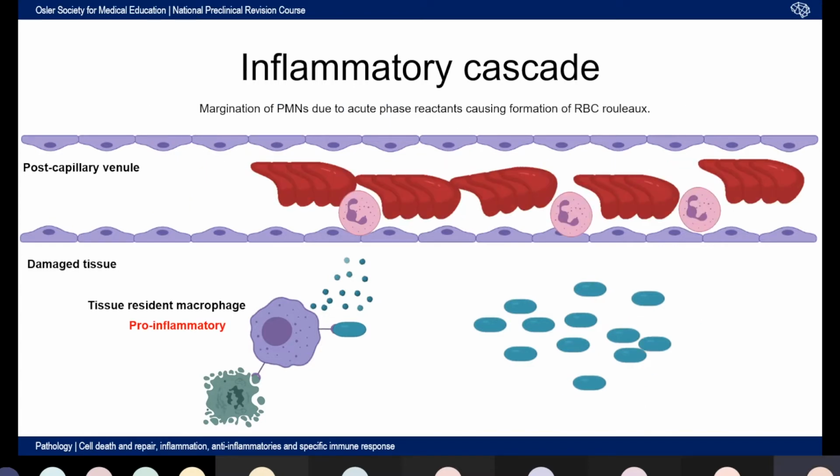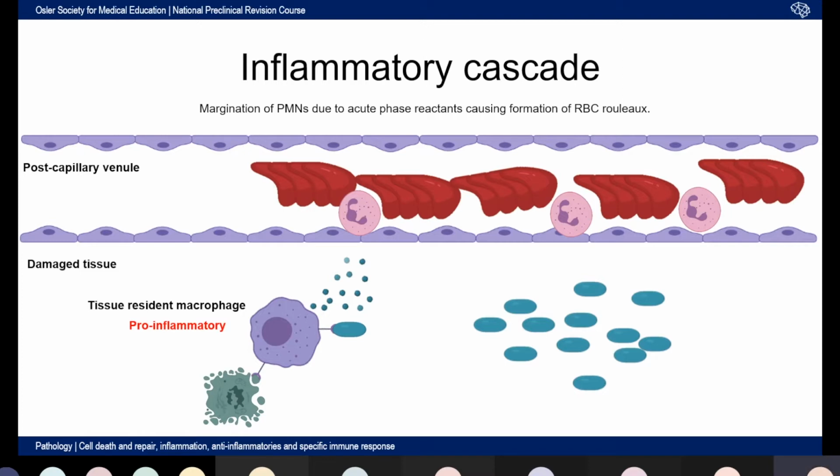Now, one of the things we were talking about was acute phase reactants, and one of them is called sialic acid. For the exam, you need to know how these leukocytes, these white blood cells, migrate from inside a postcapillary venule to the damaged tissue. There are a few steps to it. The first step is margination.